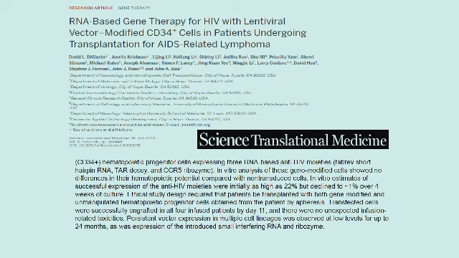This was modifying CD34 cells in patients undergoing transplantation for AIDS-related lymphoma. And I call this approach the triple threat because it had 3 RNA-based anti-HIV approaches: a TAT-REV short hairpin RNA, a TAR decoy, and a CCR5 ribozyme.